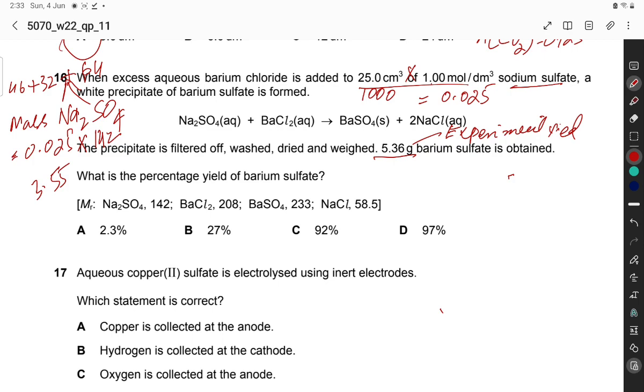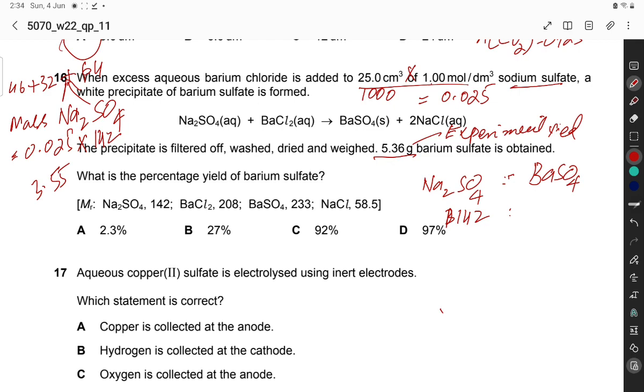So 142 gram produces, this is how to calculate percentage theoretical yield, BaSO4. 142 gram produces barium sulfate.